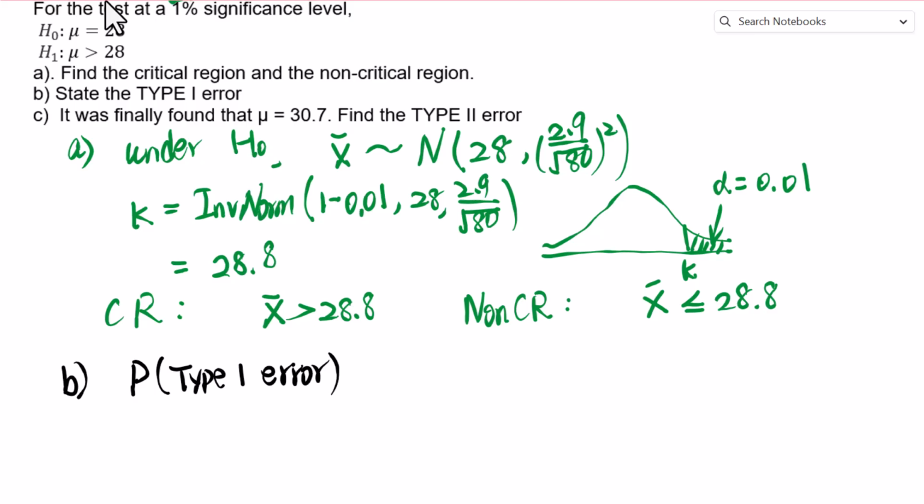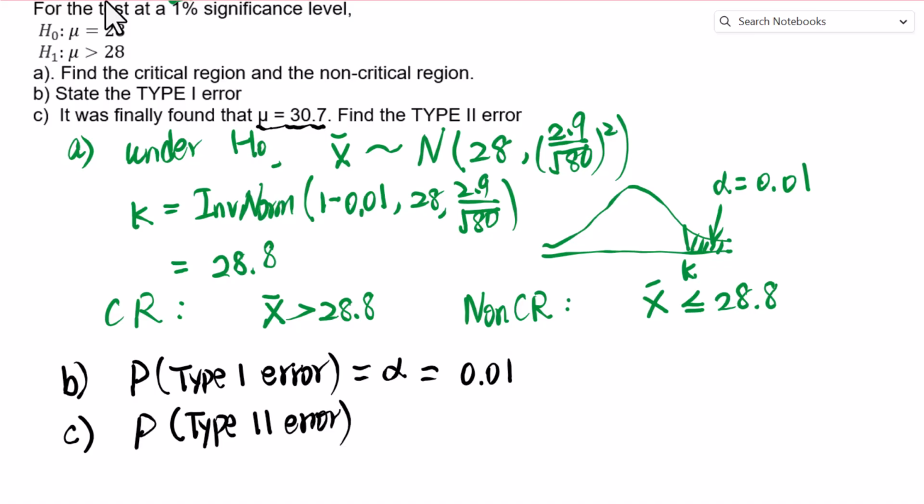Probability of type 1 error for normal distribution equals alpha equals 0.01. C. It was finally found that mu equals 30.7. Find the type 2 error.